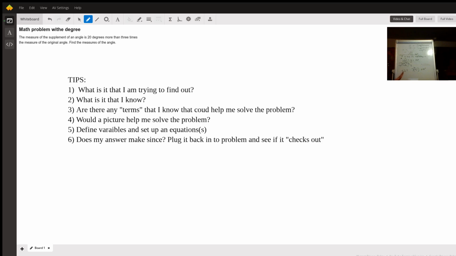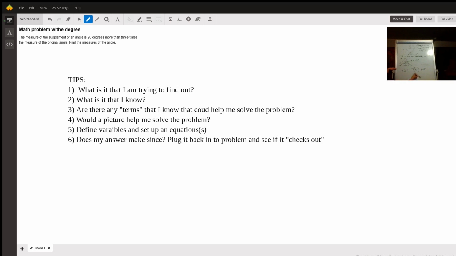You can use this as an S, you can say this as an O. I'm just using angle 1 as my letter for my variable. So let's read this sentence here and see if it reads the same. 3 times angle 1, or 3 times my original angle, plus 20 degrees is equal to angle 2, which is the second angle of that supplementary pair.